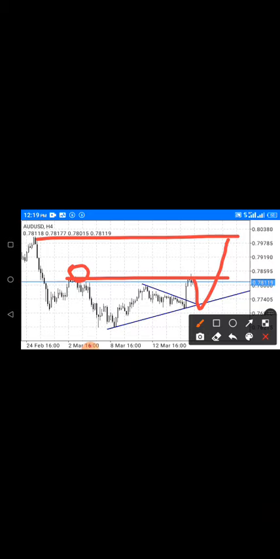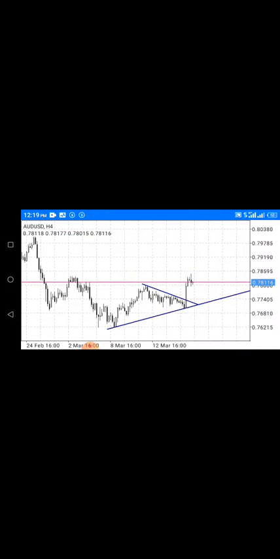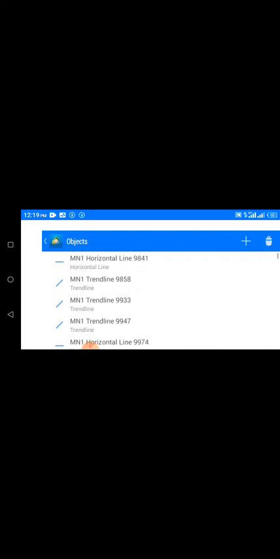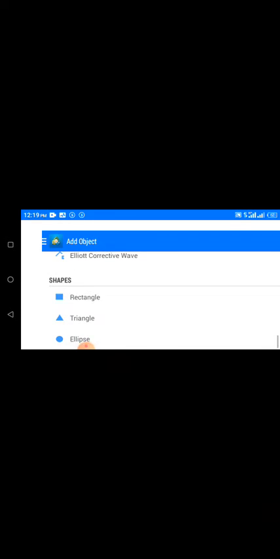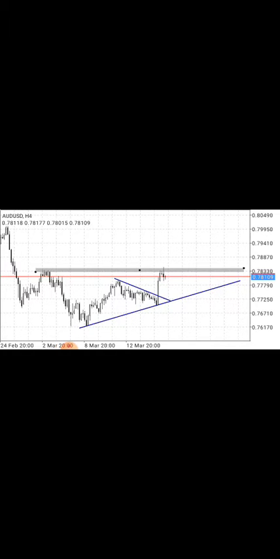I hope you can see what I'm doing there. We put our resistance area there. That's how we do it.